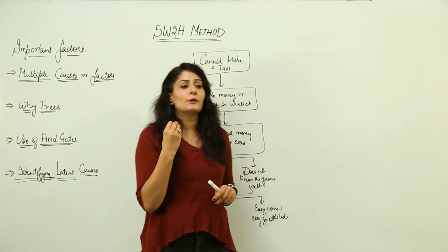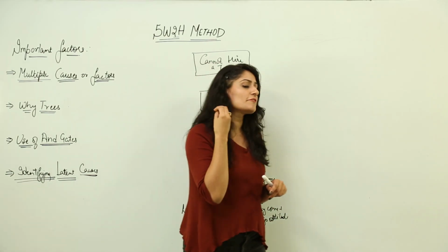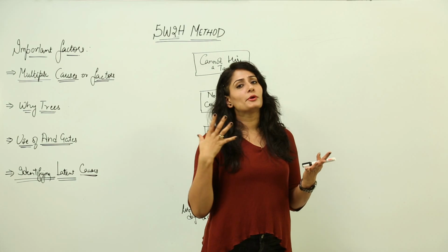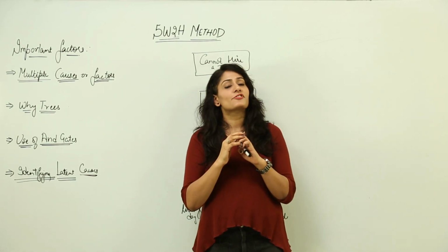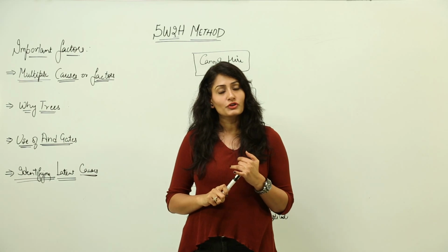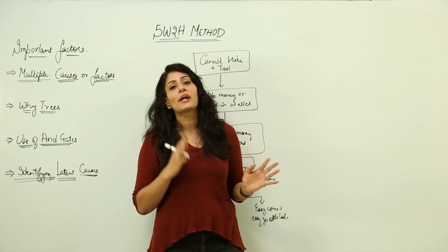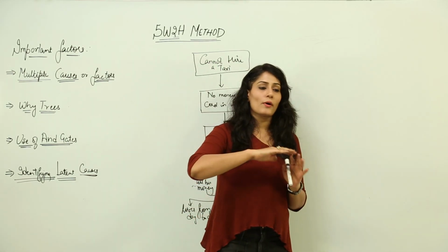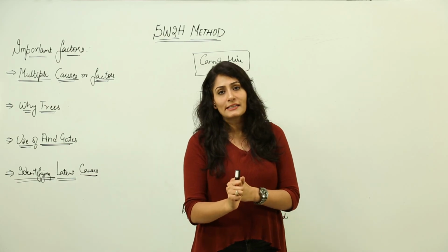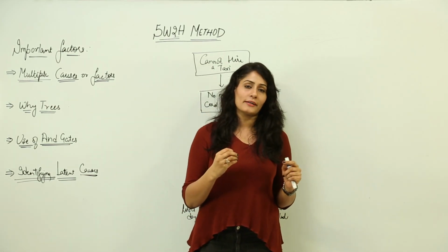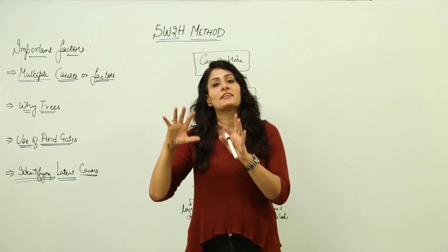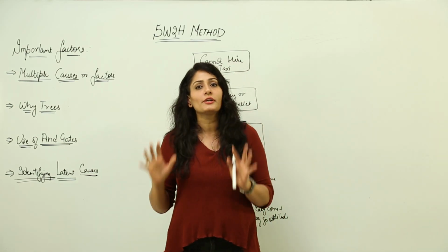So what I want to tell you is that this is a very simple method. The 5W2H method is a simple form of root cause analysis, but it's based on sure logic, real evidence, and great discipline. Because if anything is missing from all these three, you would have a wrong analysis, and if you have a wrong analysis, you would only be fixing wrong issues which won't actually help you.